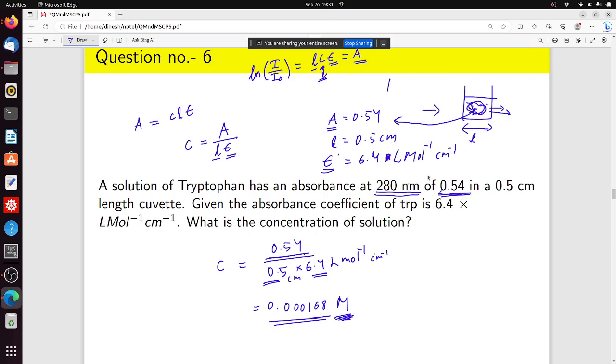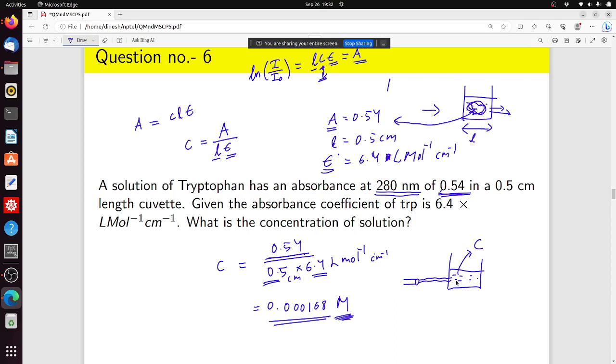Okay, let me repeat it again. We have a solution. It will have some concentration, right? That means the amount of solute in this solution, this is nothing but the concentration of the solution. So what we are doing now is putting in some external energy or light, passing some light through this solution.